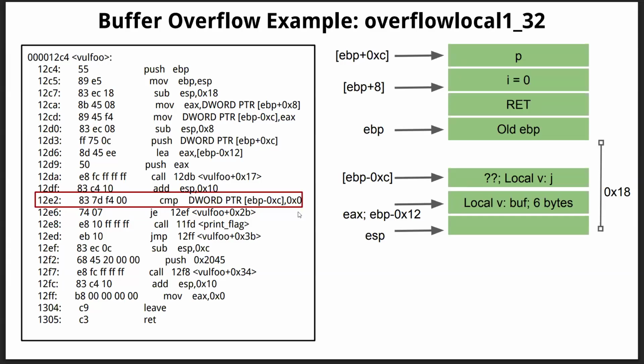Jump if equal, then we are going to jump to the address here. We are going to print I pity the fool. Otherwise, it will print the flag. Okay, that's it.